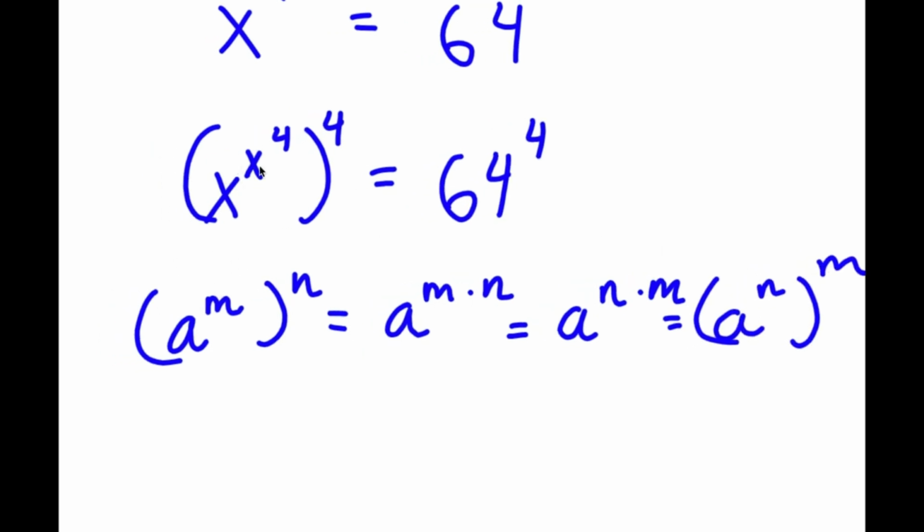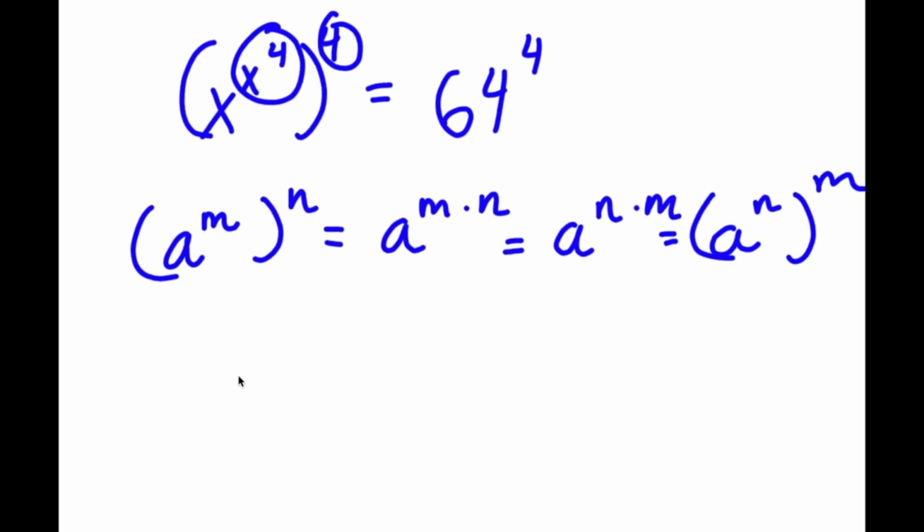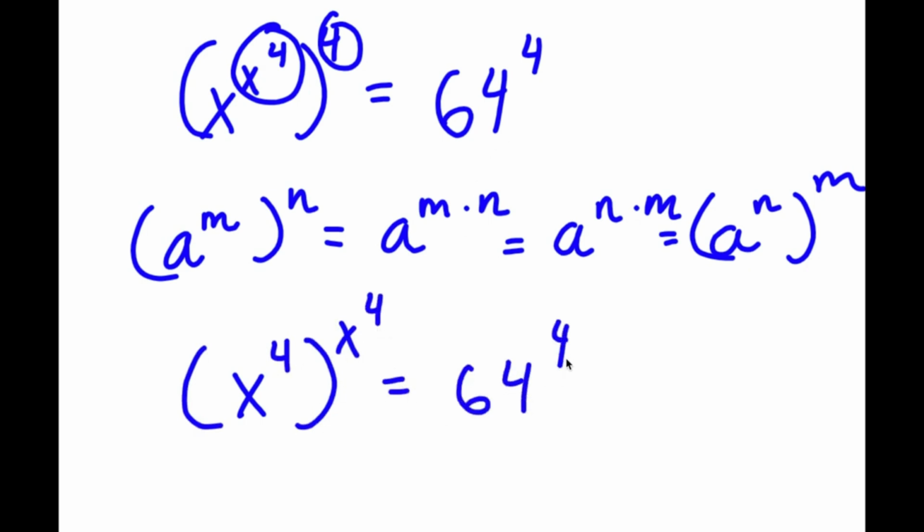So we have x to the power of x to the power of 4 to the power of 4. And we can think of x to the power of 4 as m and 4 as n. So if I switch these two places, I get x to the power of 4 to the power of x to the power of 4 is equal to 64 to the power of 4.